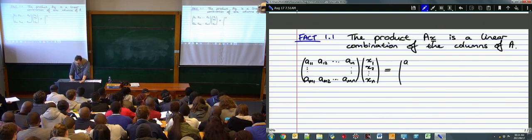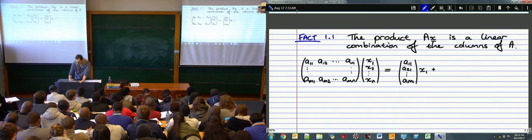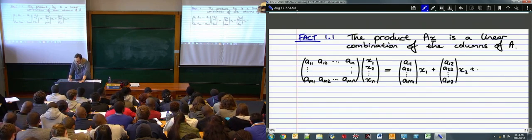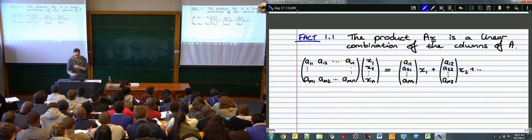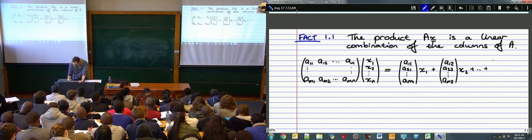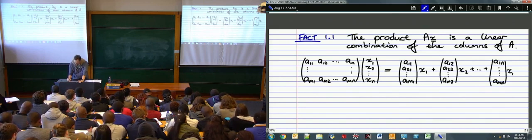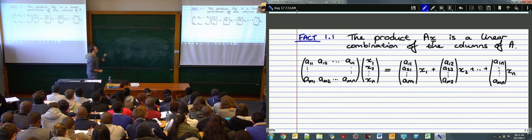You're going to get a11, a21, all the way down to am1 multiplied by x1, plus a12, a22, all the way down to am2 multiplied by x2, plus, and then we add a whole bunch of these columns, and this is a1n all the way down to amn multiplied by xn.